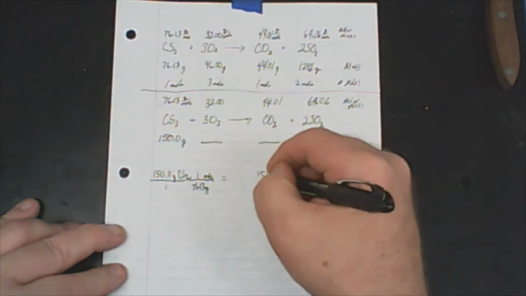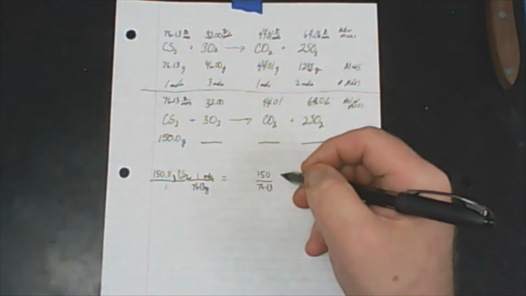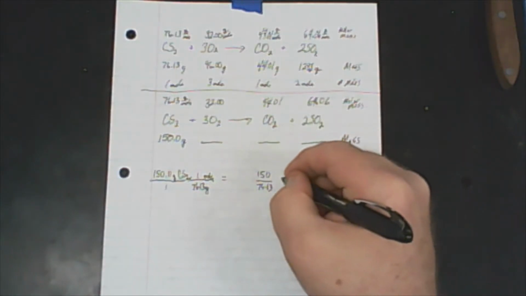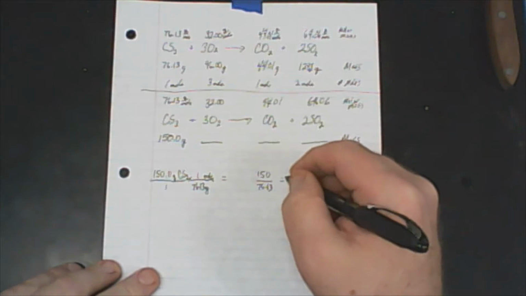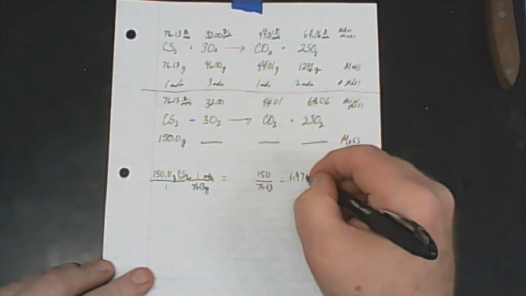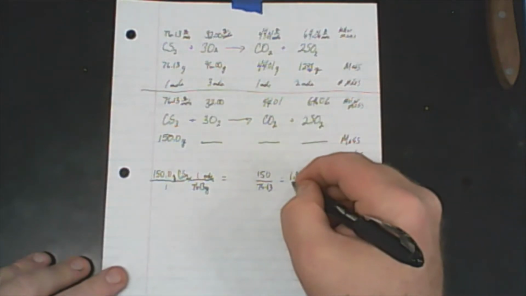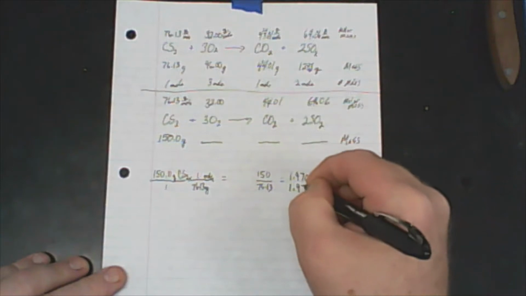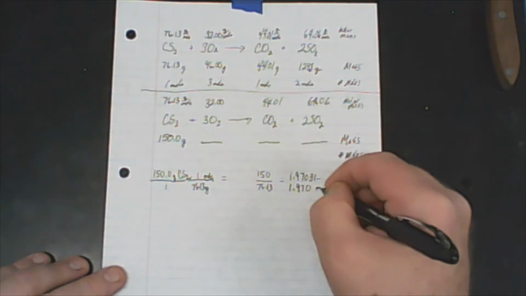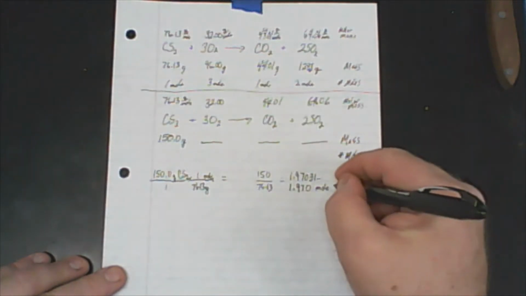Now, if I stop right here, I end up with 150 over 76.13, which, doing the math on that, gives me 1.97031, yada, yada, yada. Don't care about the rest of those digits, because I'm going to round it off to 1.970 moles. Remember, I got rid of my grams, so I have moles of CS2.